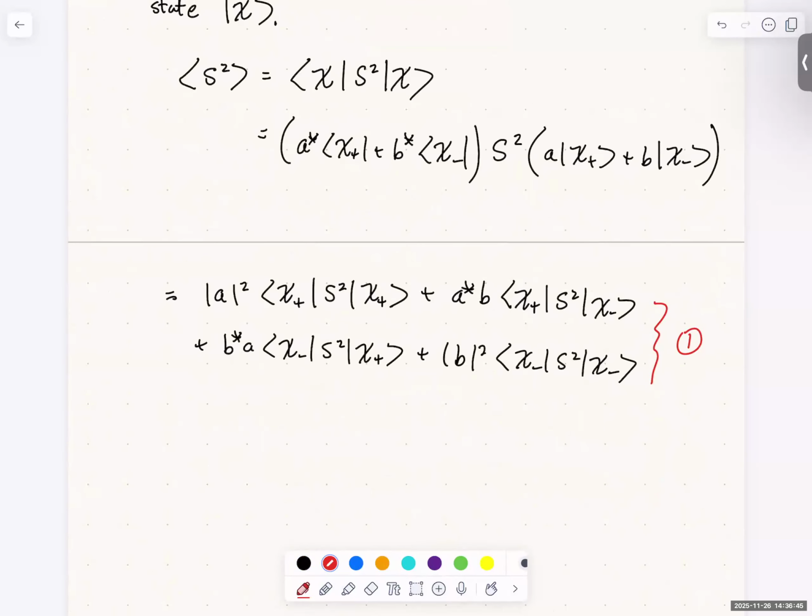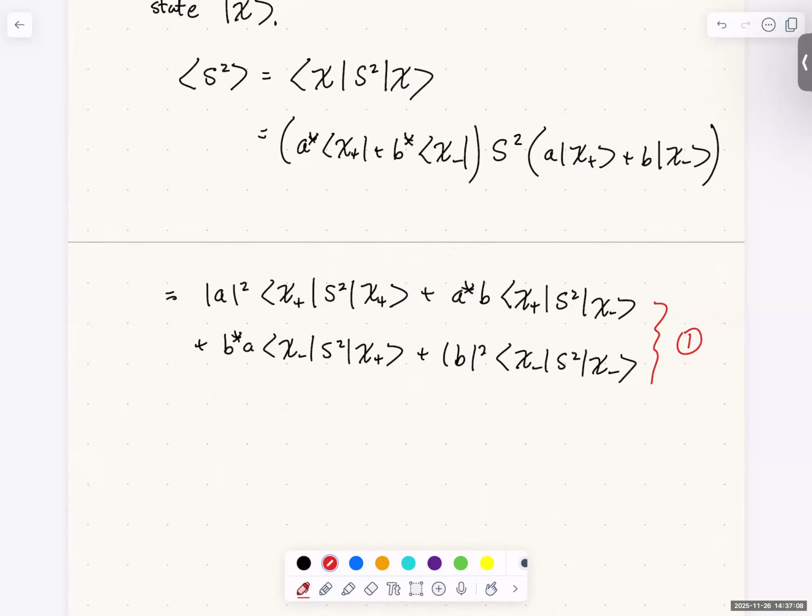So if I wanted to find the expectation value of s squared, or in fact any other operator, I would just have to evaluate all these inner products. Now I know that s squared is an eigenfunction of these chi minus and chi plus states, and so clearly this one's going to vanish, and so will this one.